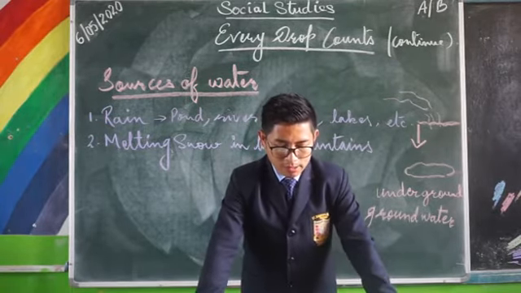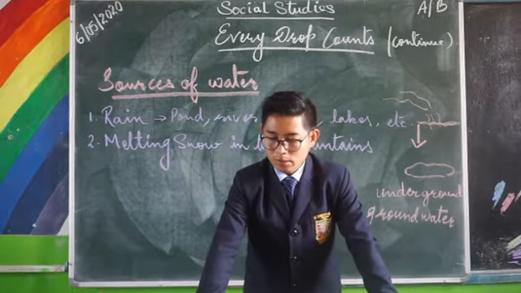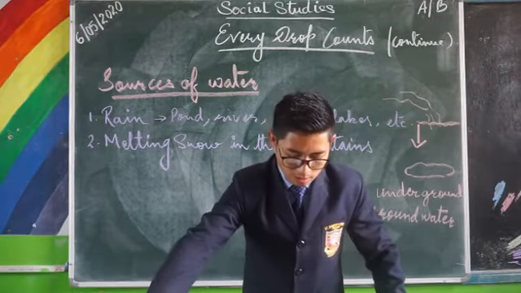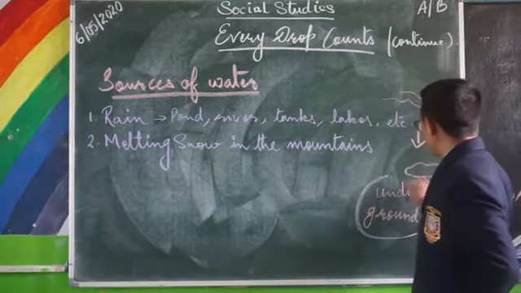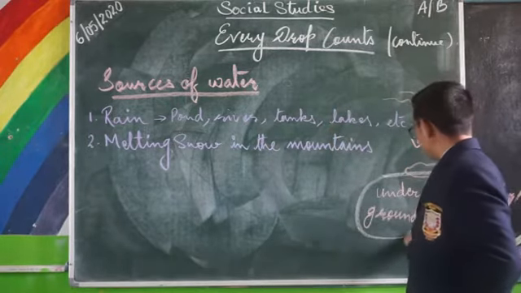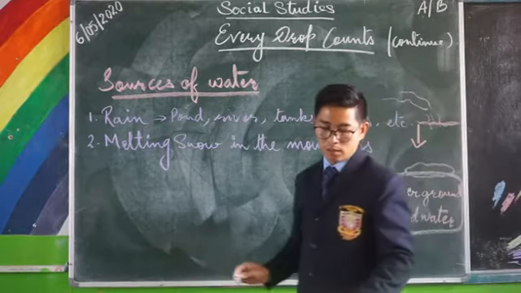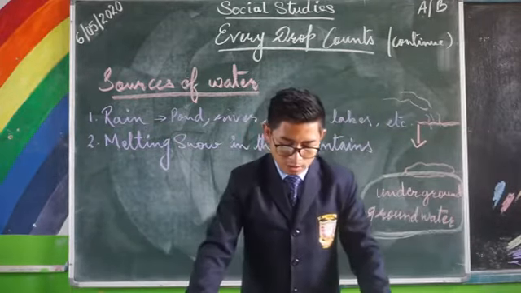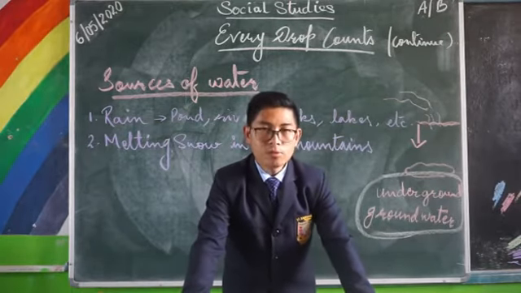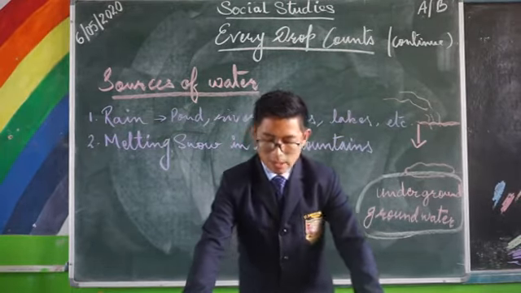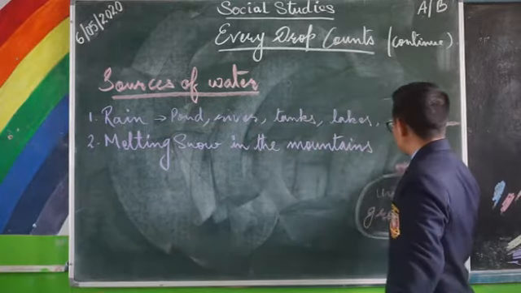You must have seen in the movies or somewhere else how people take out this underground water. To take out means to draw out with the help of wells, isn't it?